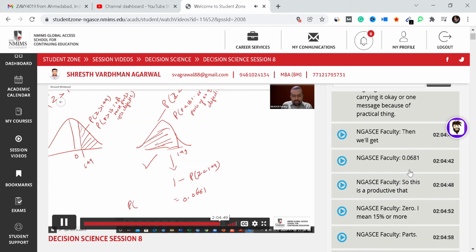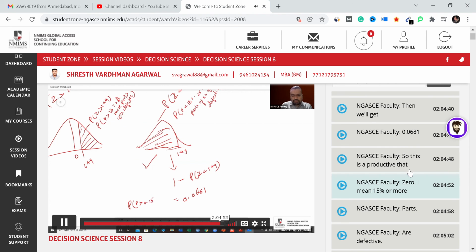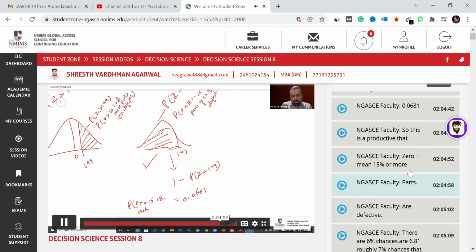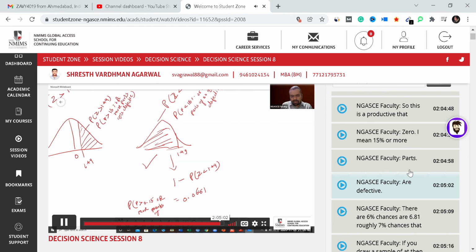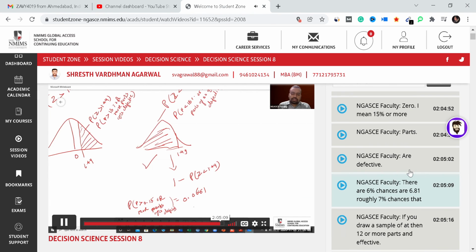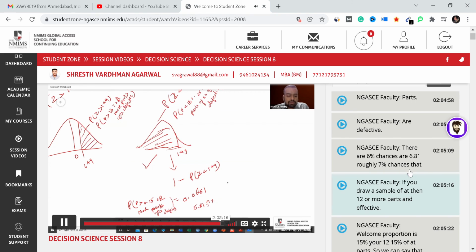So this is the probability that 15% or more parts are defective. So there are 6.81%, roughly 7% chances that if you draw a sample of 80, then 12 or more parts are defective.